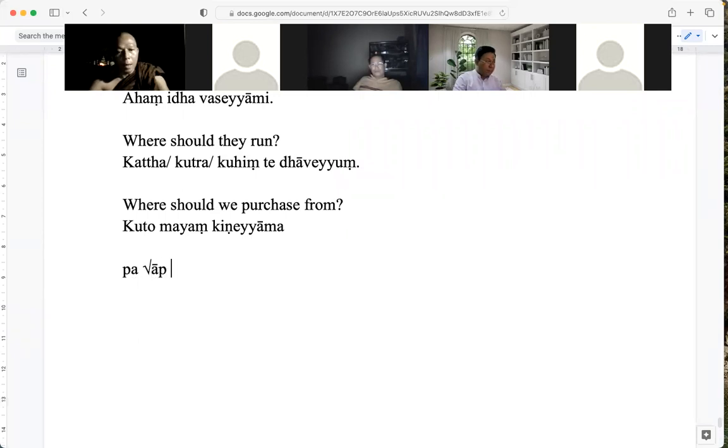Root is and the una base. We have the babuna. That means to approach, to attain, or to approach.